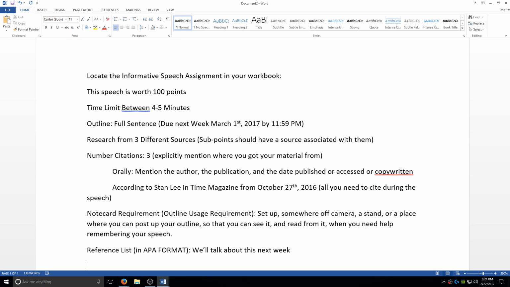And finally, we have something called a presentational aid, which is a visual aid the audience can see. It is optional.